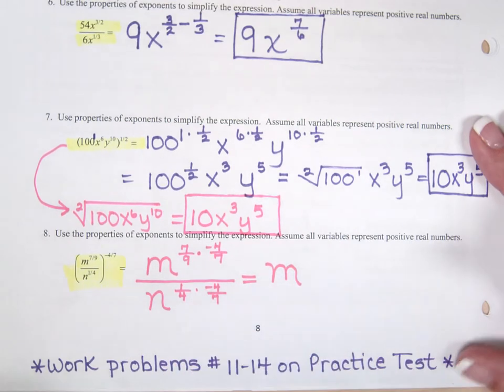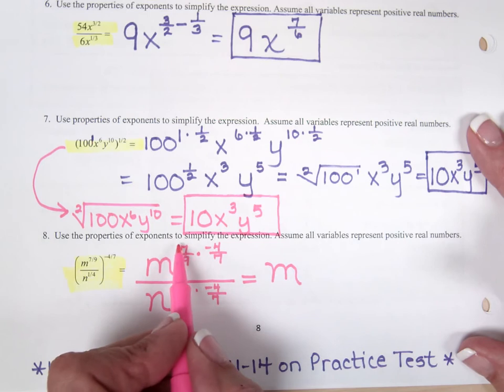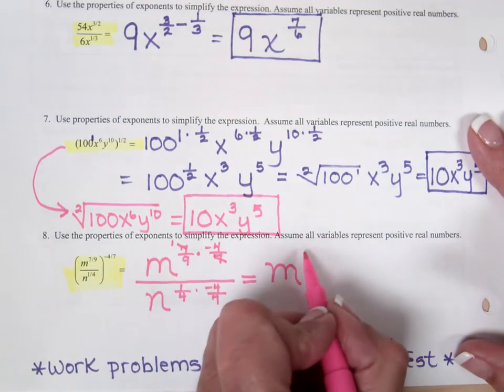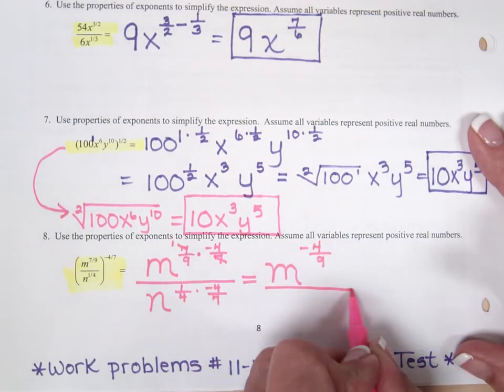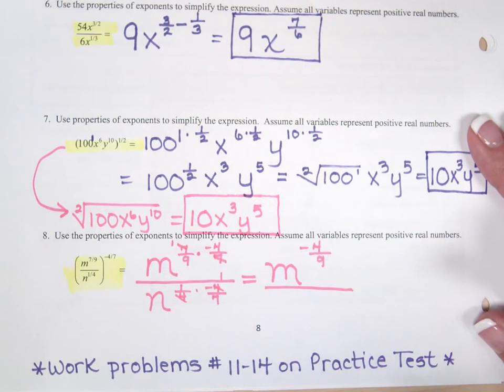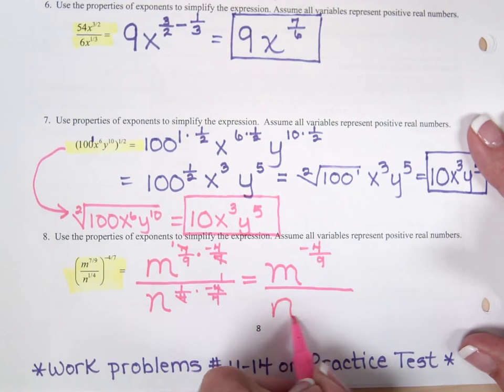And so you can go ahead and do those on your calculator. I'm just going to do them in my head. The 7's cancel, so it's m to the -4/9. And here the 4's cancel to be 1. 4 divided by 4 is 1. A positive times a negative is negative, so n to the -1/7.